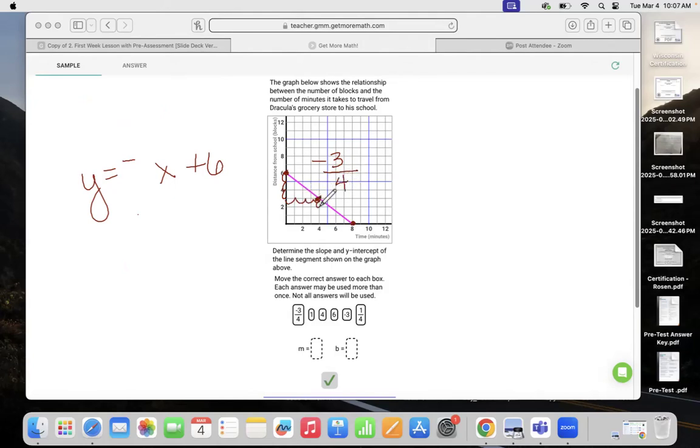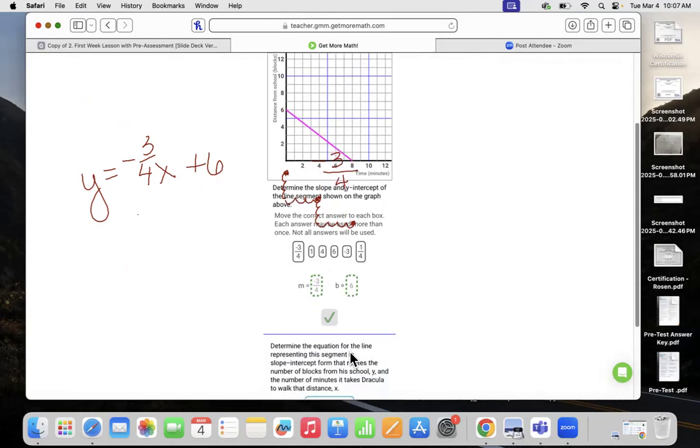Double check it one more time. 1, 2, 3 over 1, 2, 3, 4. So it's -3/4 x. And then we just drag it where it belongs. That is our slope. And then our y-intercept is b, which is 6. And we hit the check mark and it gave us the dots.